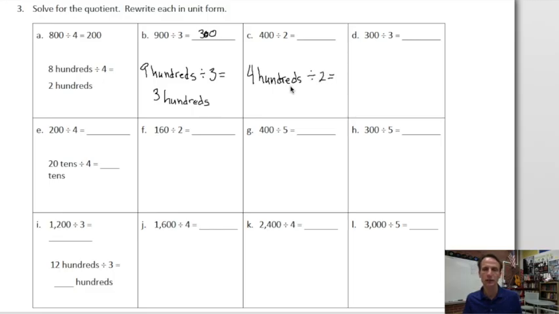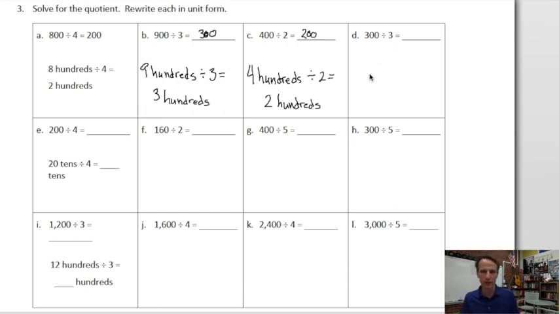And I'm saying 4 hot dogs not to be cute, well, kind of, but to show you that whether I'm talking about 4 hot dogs or 4 hundreds divided into 2 equal groups, it's the same manner of thinking. 4 hot dogs into 2 equal groups: 2 hot dogs for you, 2 hot dogs for you. 2 hundreds for you, 2 hundreds for you. So 4 hundreds divided into 2 equal groups means we will have 2 hundreds in each group. And now it's easy to put that into standard form. 2 hundreds is 200.